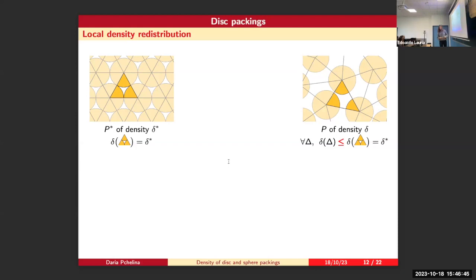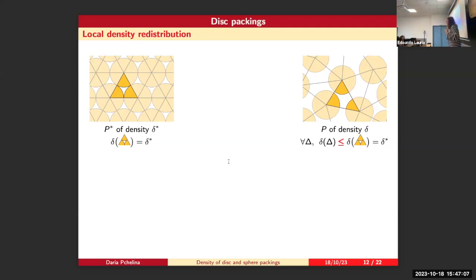And now it turns out that any triangle that might appear in some saturated packing is never denser than this tight triangle. So this guy is never denser than this one. This is kind of intuitive.